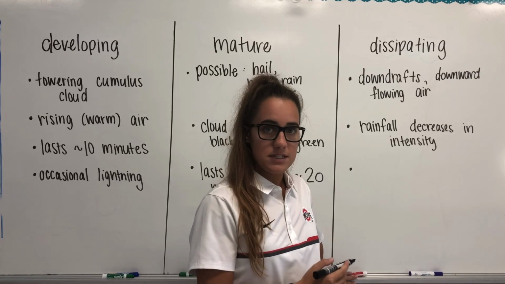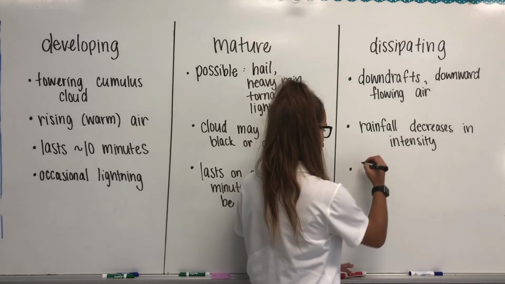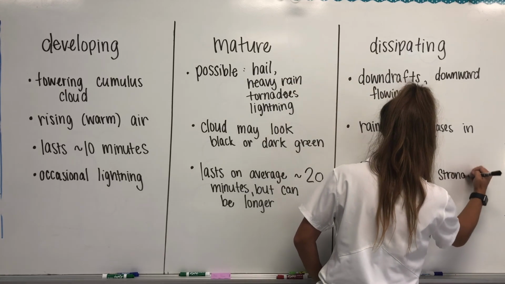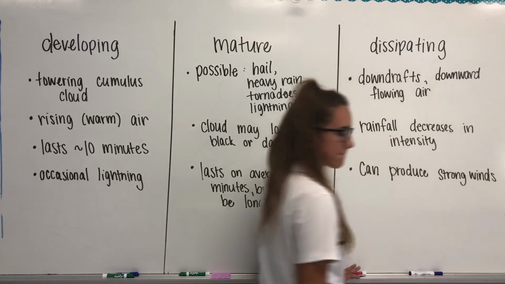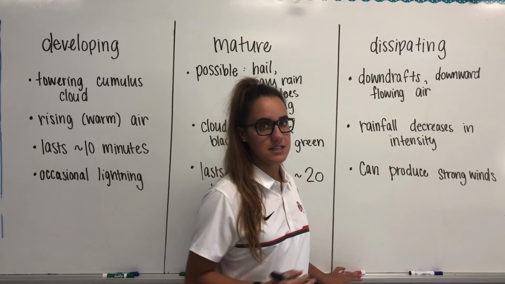The dissipating stage, because of those downdrafts, can produce strong winds. And finally, you can still have lightning in the dissipating stage.